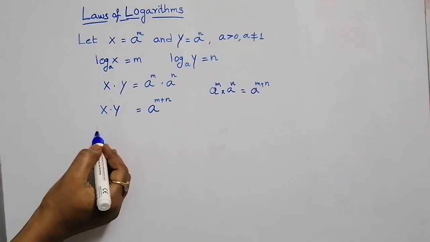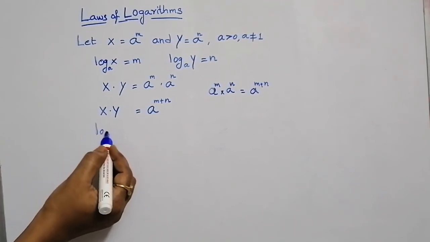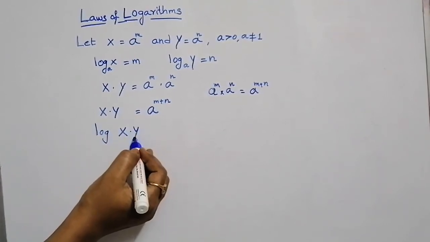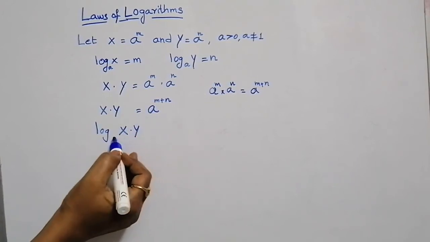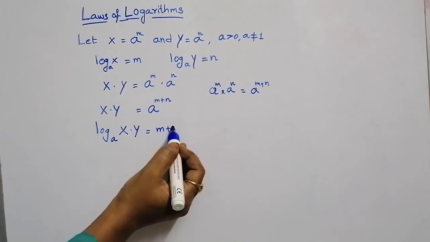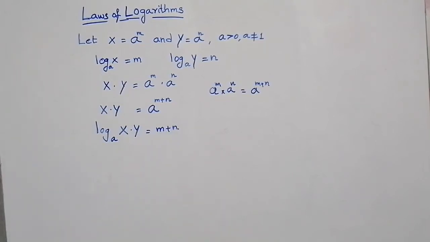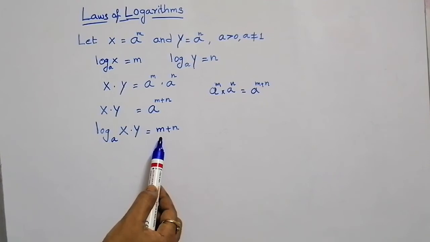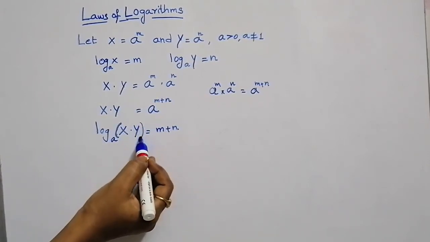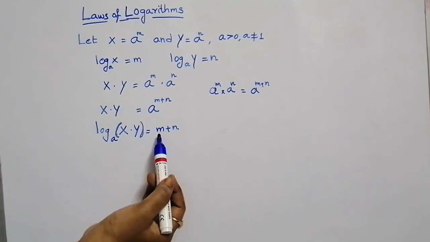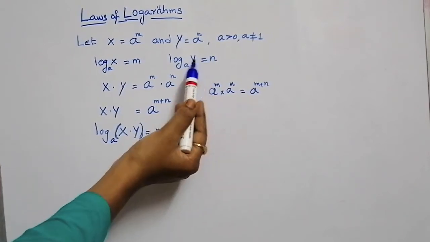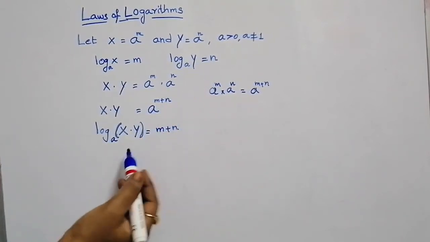What is our log form? Log of our number, x into y, to the base, what is the base here? a is the base here, is equal to, what is the power here? m plus n. Use brackets here because we are multiplying two variables, x into y. Now see here, what is our m? Our m is log x to the base a and n is log y to the base a. So substitute here.